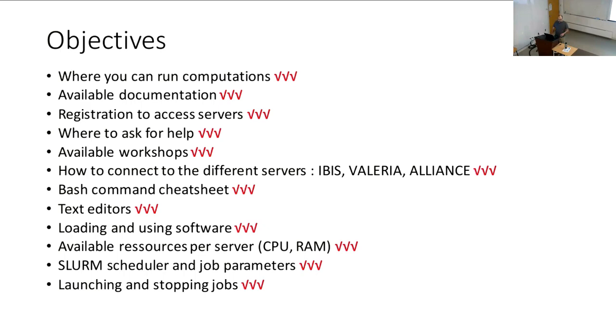After that, we go into the details of how to use them: cheat sheets for the Bash terminal, text editors that you can use, loading and using software, the resources available at the different servers, and then how to use the Slurm scheduler to launch and stop your jobs, basically.